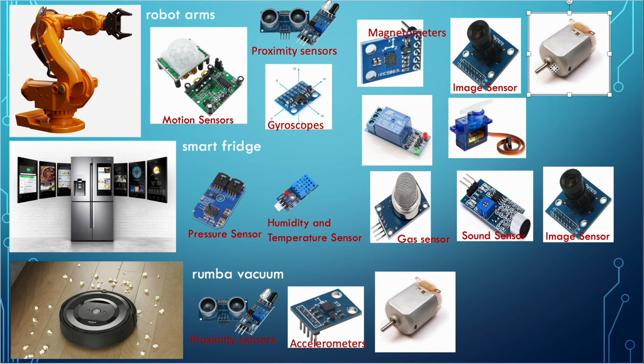You will have the gyroscope to understand the positioning of the arm itself. You will have proximity sensors to see if the arm is moving safely around, and if there is anything near the arm's proximity, and so on and so forth, right?